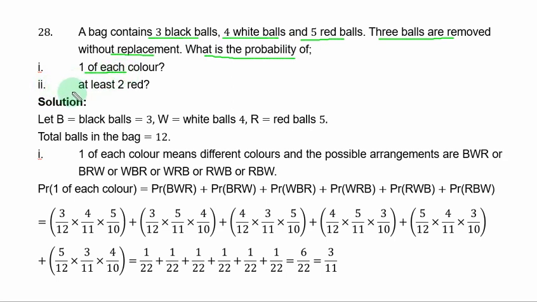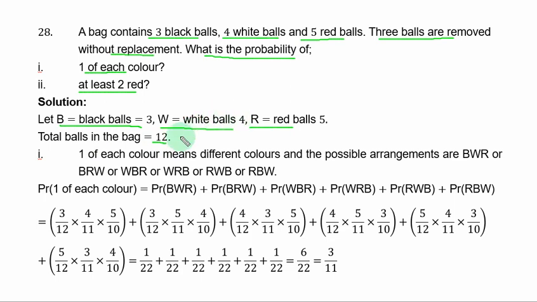Part 2, at least 2 red. Solution: let B be equal to black balls, they are 3 in number. W equal to white balls, they are 4. R equal to red balls, they are 5. Total balls in the bag, they are 12. That is 3 plus 4, 7 plus 5.